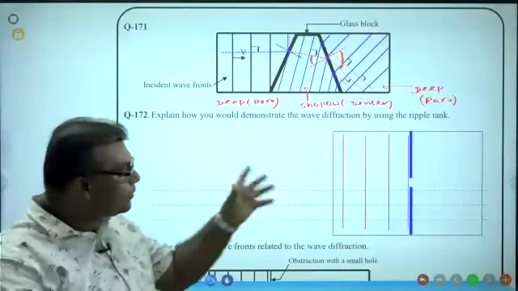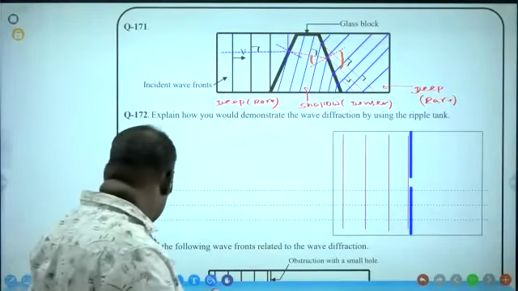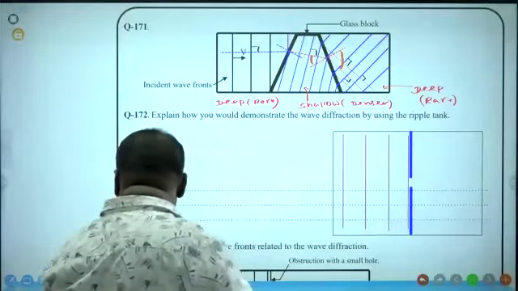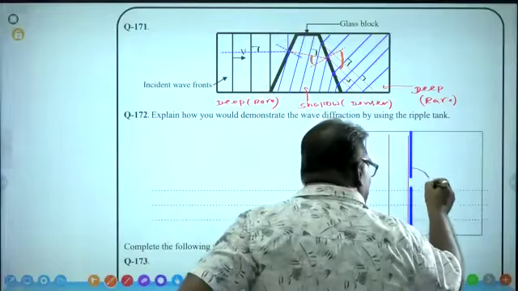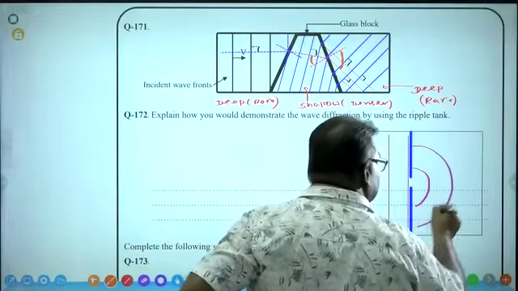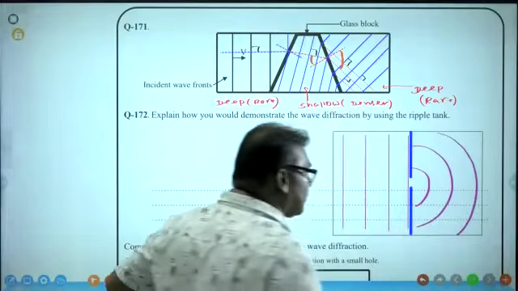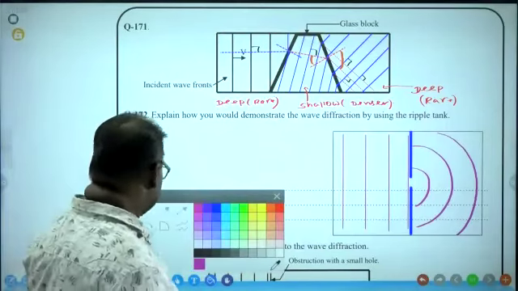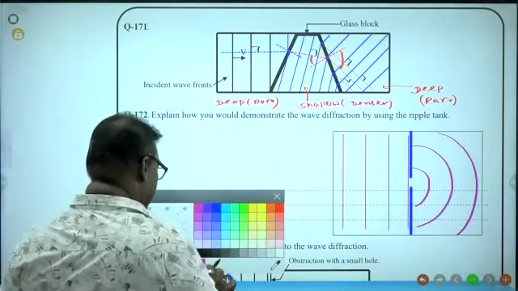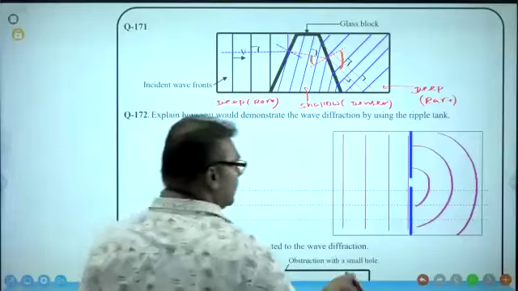When they hit the obstruction with the holes, the corresponding wavefronts will be spread throughout the entire direction like this without changing any kind of wave property. Under wave diffraction, there is no change of any kind of property of the wave.